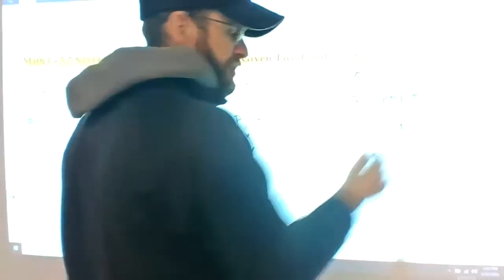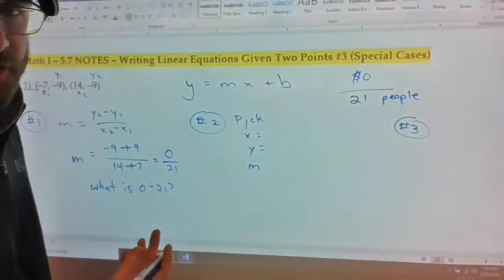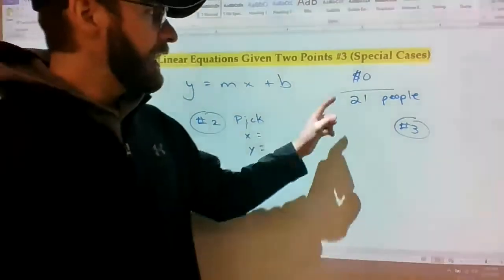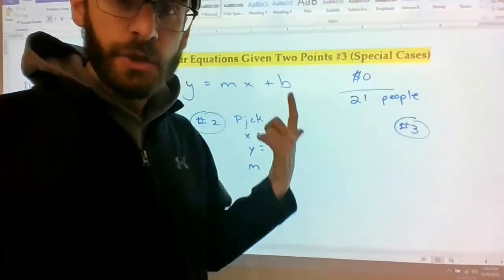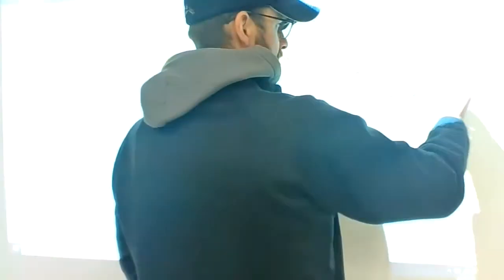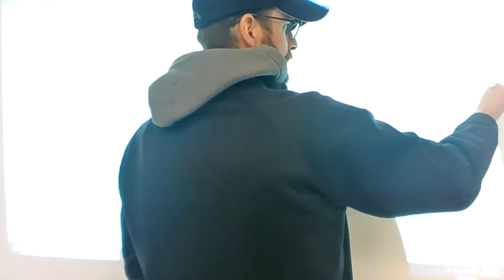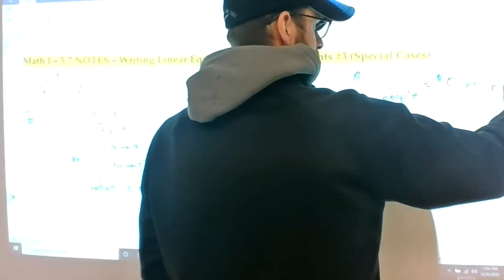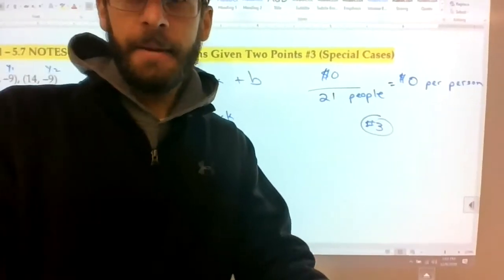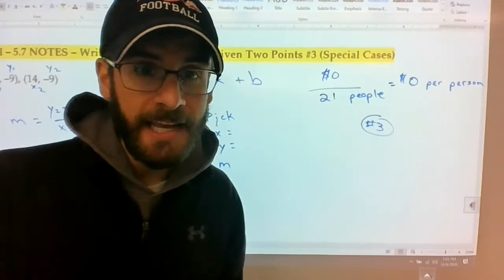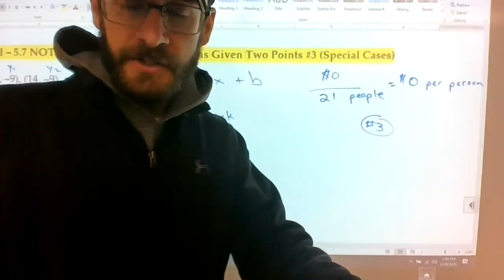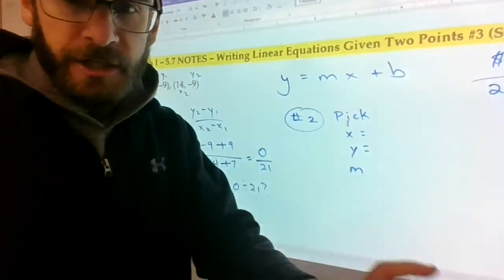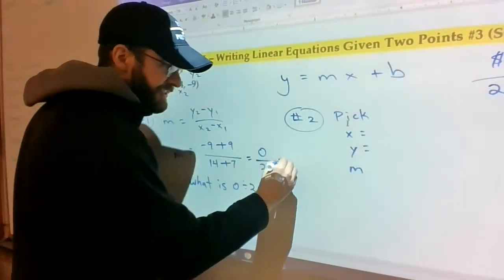This is just me providing context to the fraction. 0 over 21, how much does each person get if it's $0 divided amongst 21 people? $0 per person. And that makes sense, right? If I have no money and I'm dividing it amongst a bunch of people, they get no money. So, what is 0 divided by 21? It's 0.